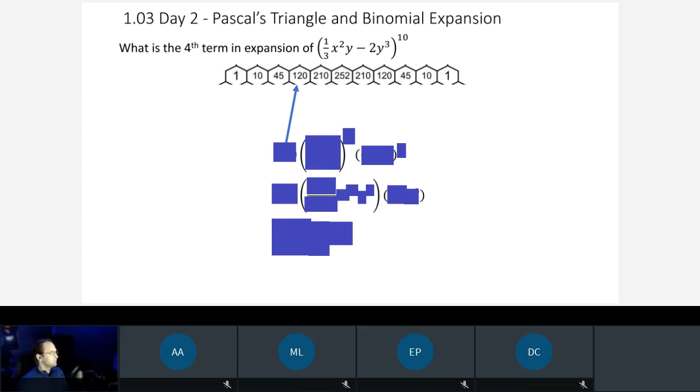All right. 120. All right. In your final answers, what is the coefficient part? What number is that? Go ahead and type that number. The final answer. And the final answer, what is the coefficient, the number part?